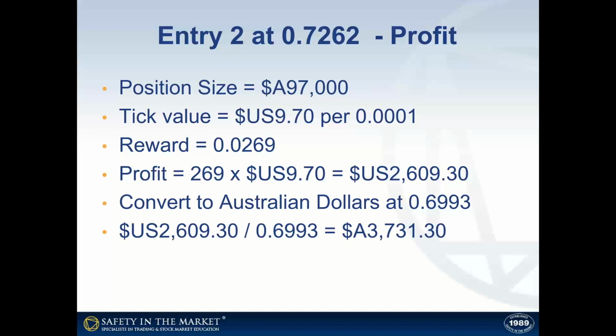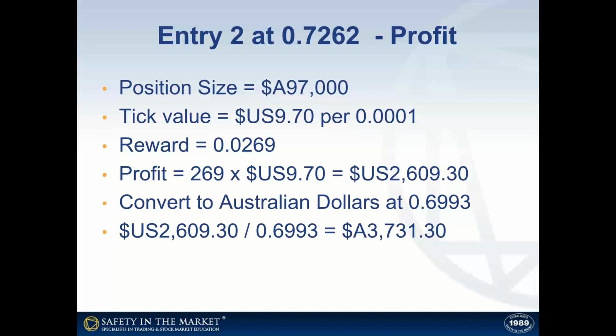As you can see, that gives us Australian dollars of $3,731.30. A good point to note here is that when you're looking at the Aussie dollar US, you were multiplying by the exchange rate to go from Aussie dollars into US dollars. But then when you're going from US dollars back into Aussie dollars, you're actually dividing by the exchange rate.